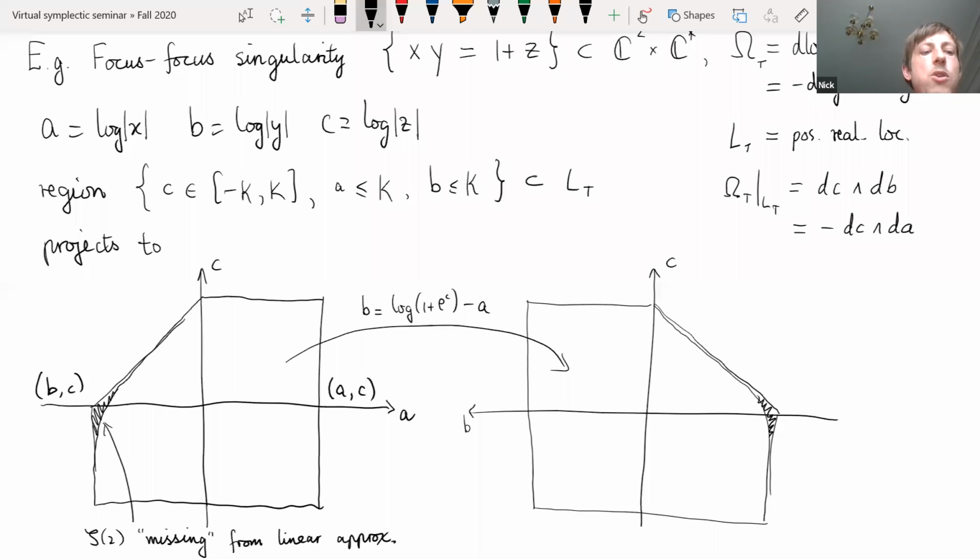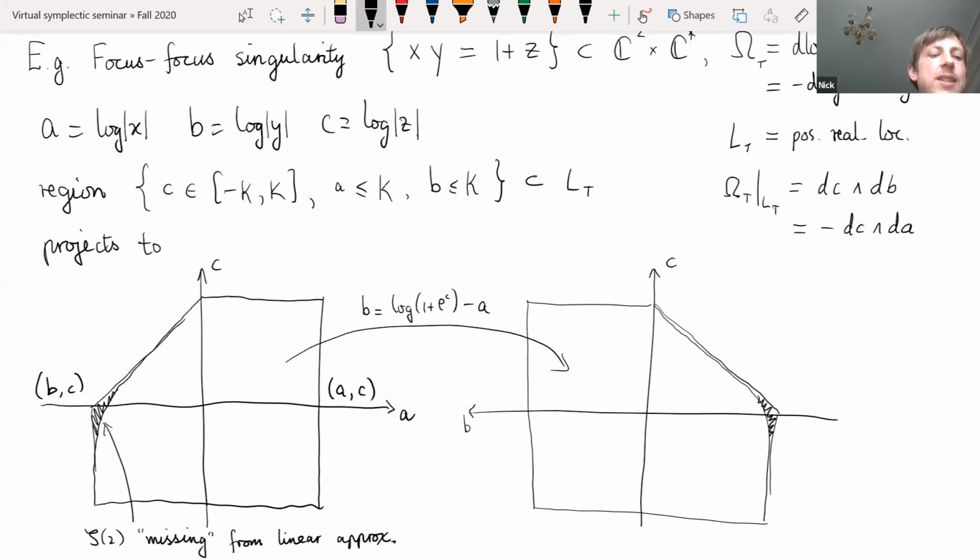Over here, A is not a good coordinate, so instead we use B, and we say this left-hand side of our polygon is given by B is less than or equal to K. And since B is equal to log of 1 plus e to the C minus A, this exactly gives the difference between the polygon that you might imagine you would get and the contribution to the period integral that you actually get.